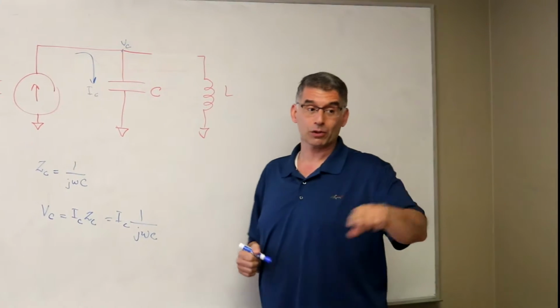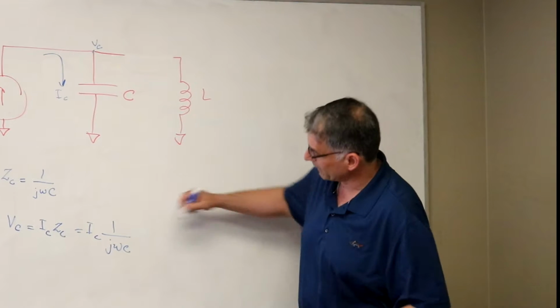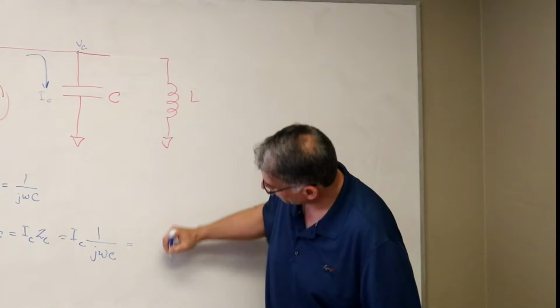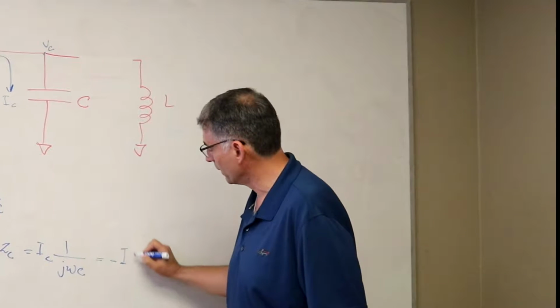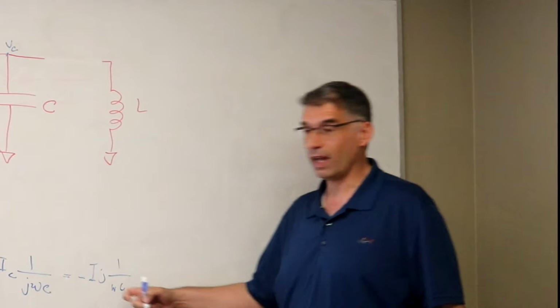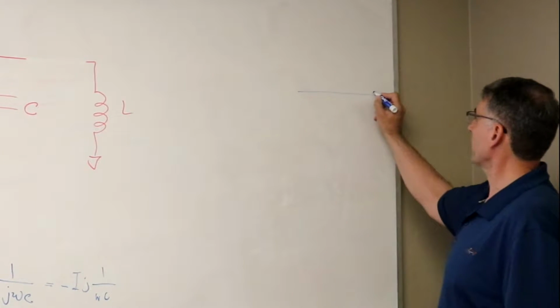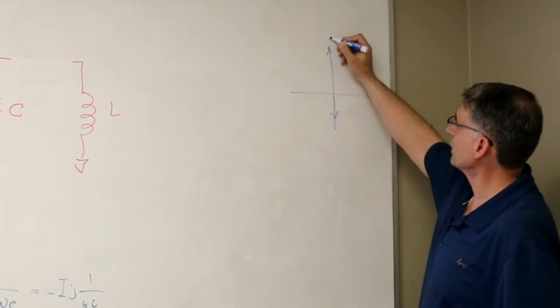No, so for a capacitor, because this becomes, if I bring J to the top, negative J times 1 over omega C. And so then this, in the complex plane, falls over here on the J axis.